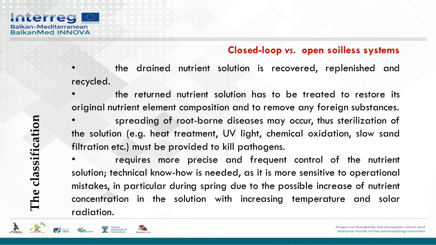Because of that, it is a necessity that before reusing the nutrient solution, we must sterilize it in order to get it free of several diseases. There are different methods of sterilization. It can be heat treatments, it can be ultraviolet light sterilization, it can be chemical oxidation, or it can simply go slowly through sand filters.